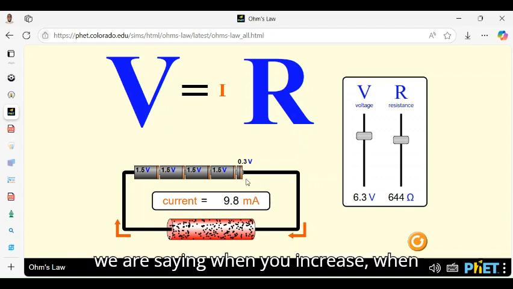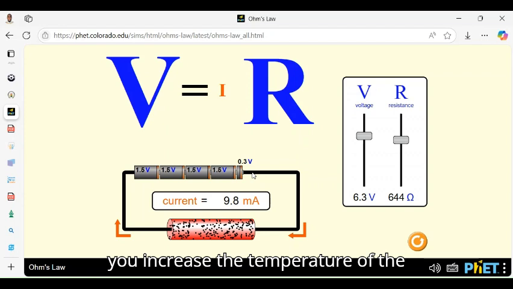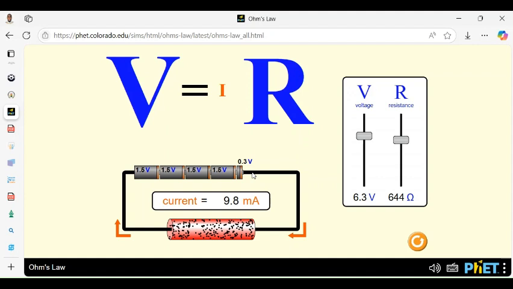Now we are saying when you increase the temperature of the wire, like you have ever seen short circuiting, when the wires come together, or they short circuit, they start heating.